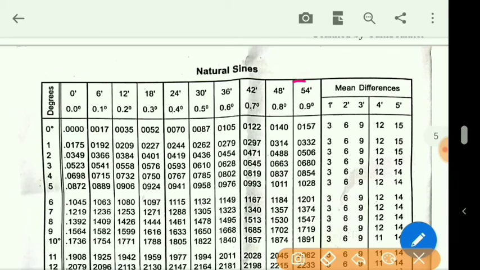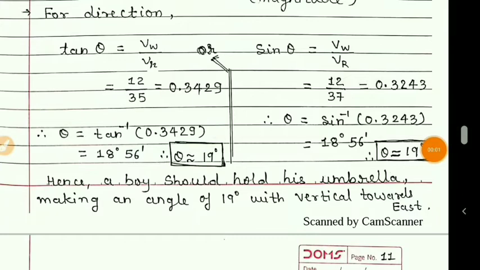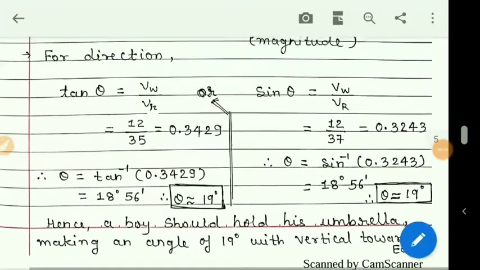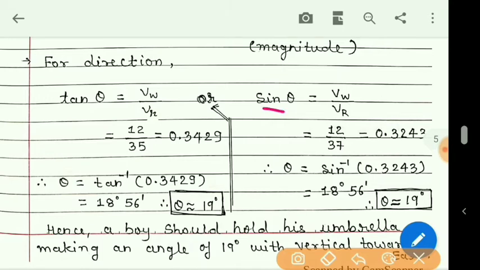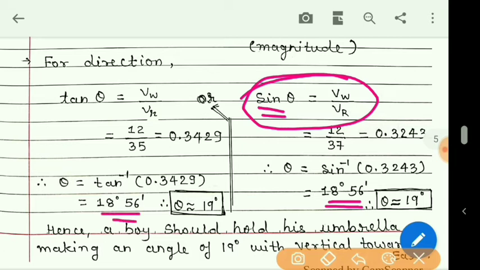18 degree and 54 minute, but the mean difference is this. So it is 54 minute plus 1 minute, that is 55 minute. So students, by considering this natural sine also, or this sine theta, we get 18 degree and 55 minutes, which is nearly the same, and we can round it off to get theta equal to 19 degree approximately.